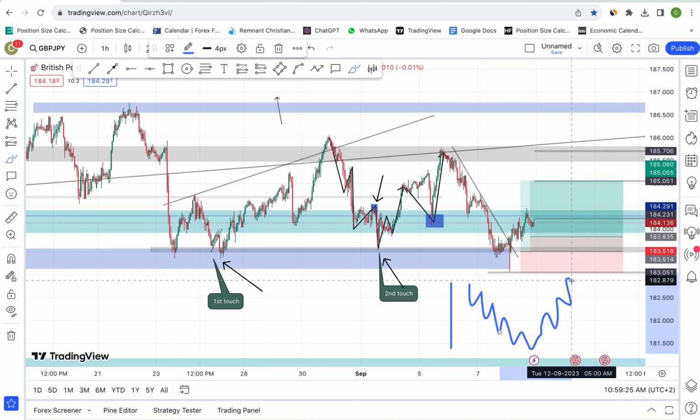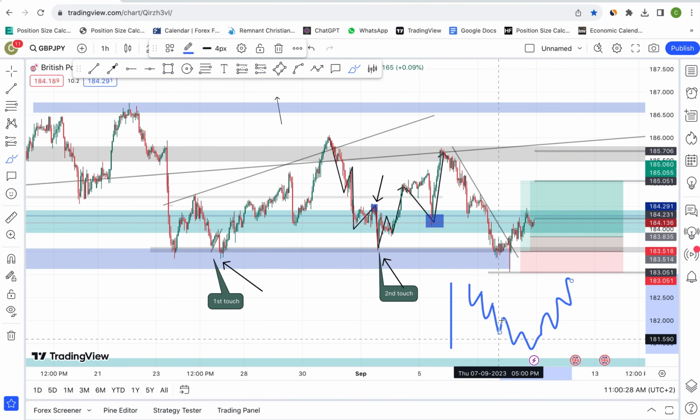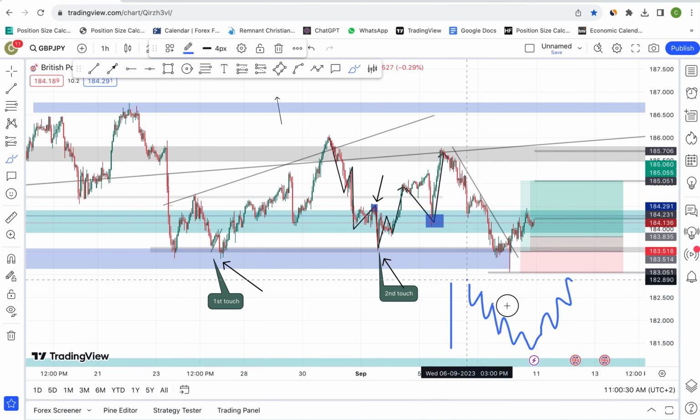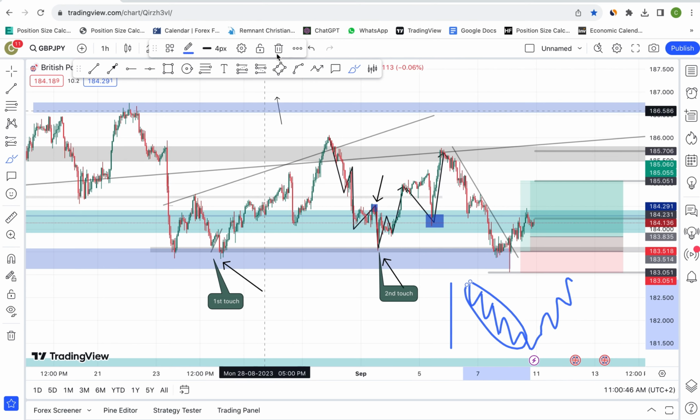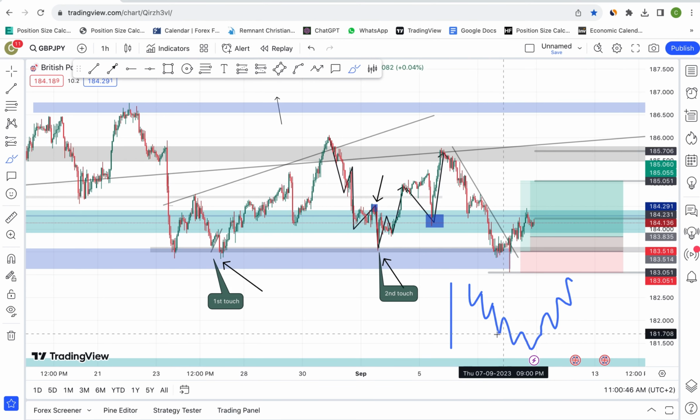What I'm saying is that what I drew here is a trend, a trend going downward. For you to know that this trend is broken, you have to wait for a break of this pattern.